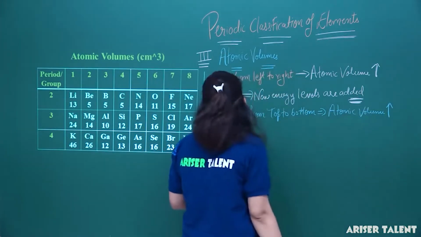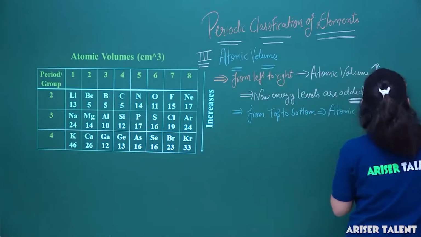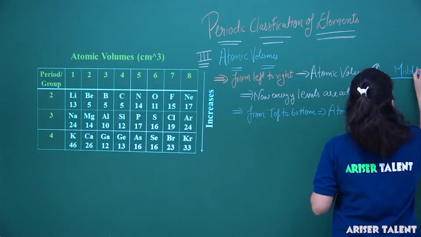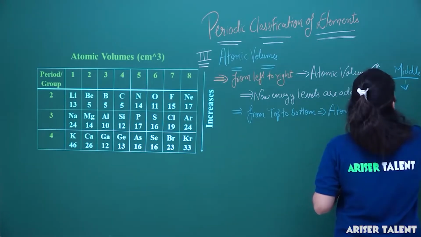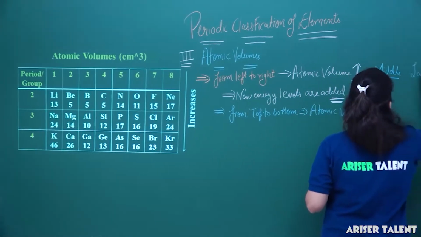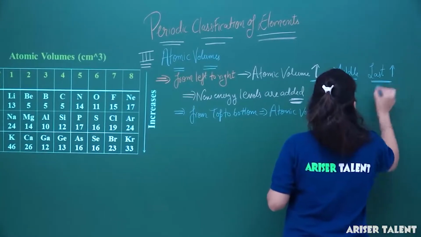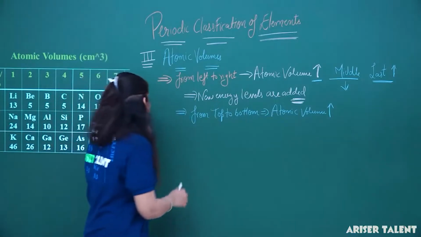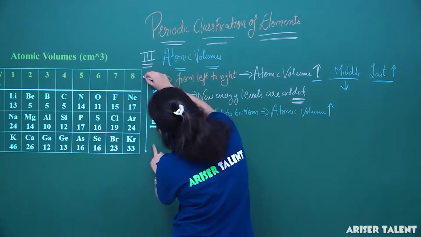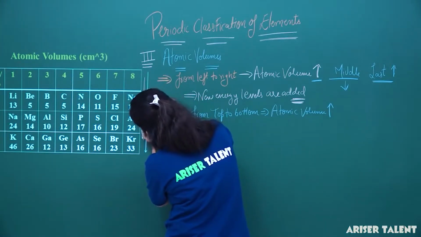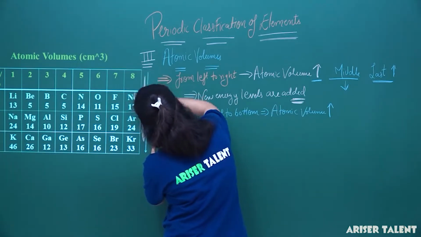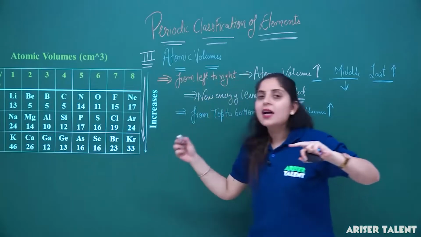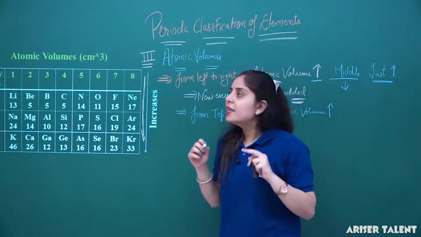But in this case, firstly it is increasing in the first part, in the middle part it is somewhat decreasing, and then in the last part it again increases. Now, from top to bottom, you can easily observe that atomic volumes follow the trend of increasing.